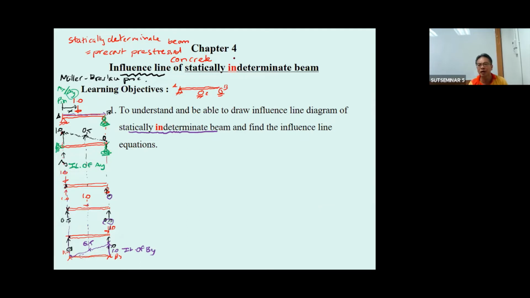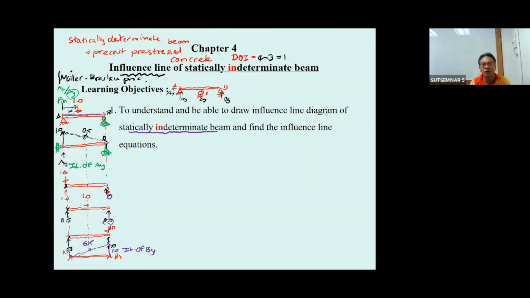So what degree of indeterminacy will this beam have? It has A sub y, A sub x, C sub y, and B sub y. The unknowns are 4. We have 3 equations of equilibrium. The degree of indeterminacy is equal to 1.